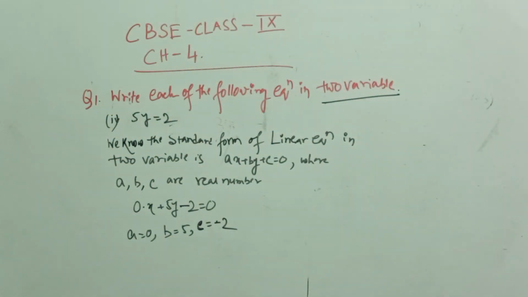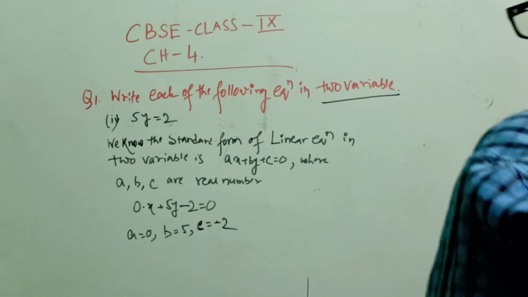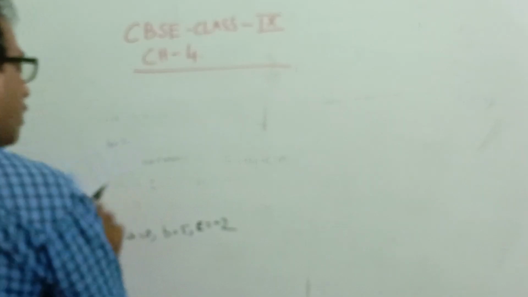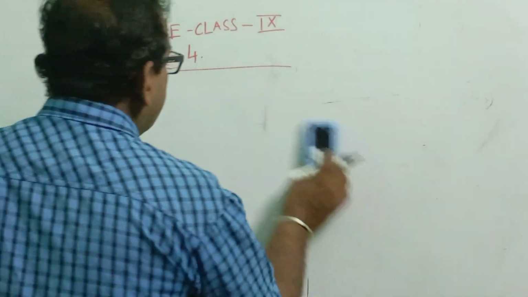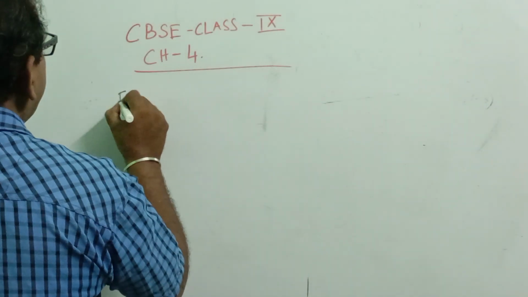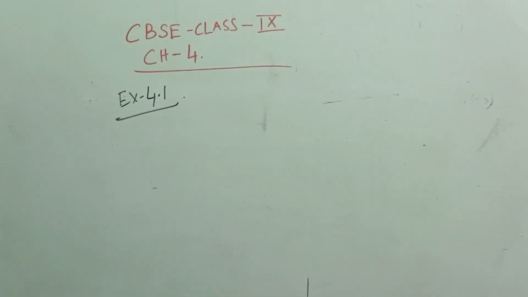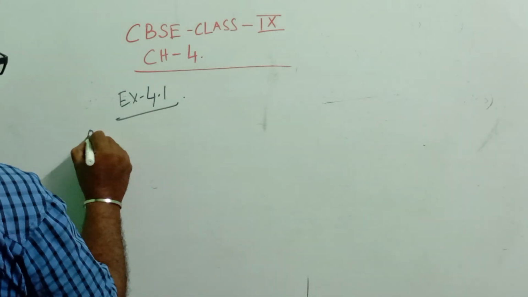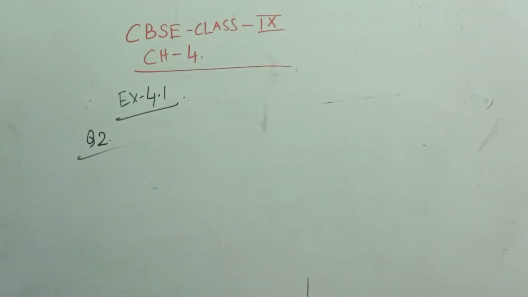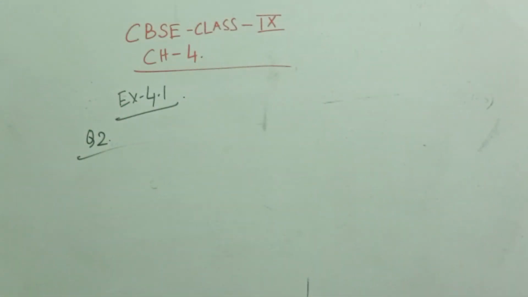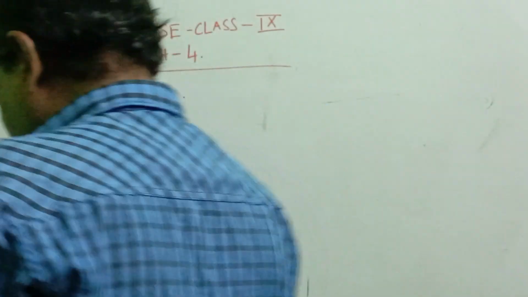Now if you go through all the things, now if you go to the exercise 4.1, we have to complete only the exercise 4.1. Now in 4.1, first we complete all the questions of exercise 4.1. Now what they have written?